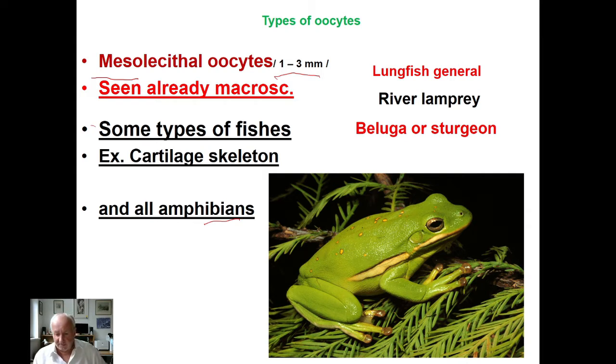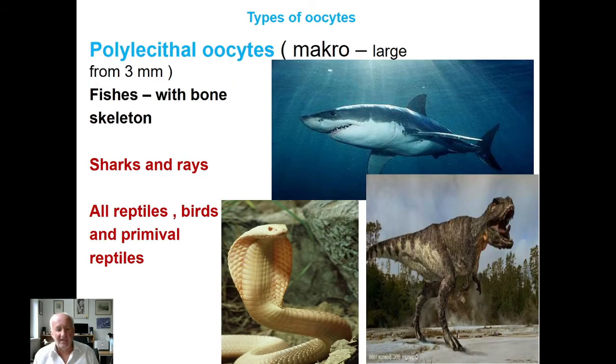And now the last group, from meso, we have to move to a big amount of yolk, and we are at polylecithal oocytes. Polylecithal oocytes. So they are already macroscopically seen from millimeters up to, maybe you have seen somewhere in a film an oocyte of a Tyrannosaurus rex, for example.